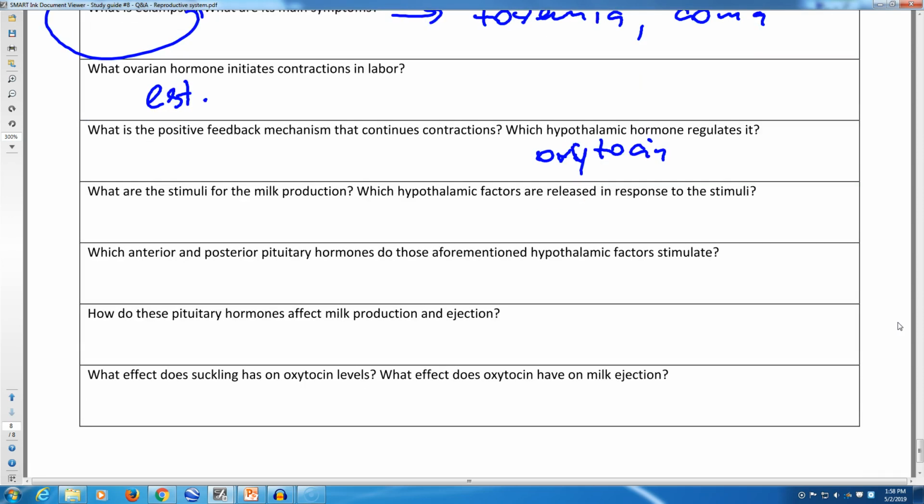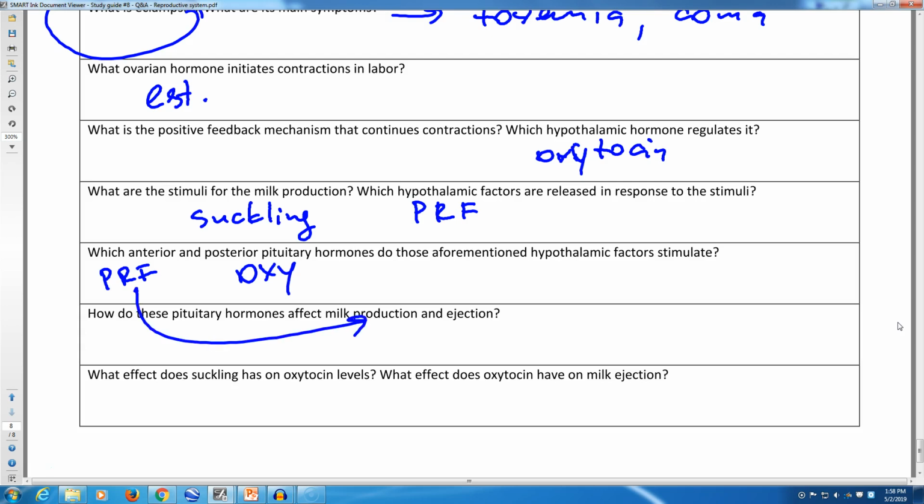Stimuli for milk production: suckling, hypothalamic factors that are released, prolactin release factors. Prolactin release factor and oxytocin. Prolactin is from the anterior pituitary, oxytocin is from the posterior pituitary, and they are stimulated by prolactin release factors.